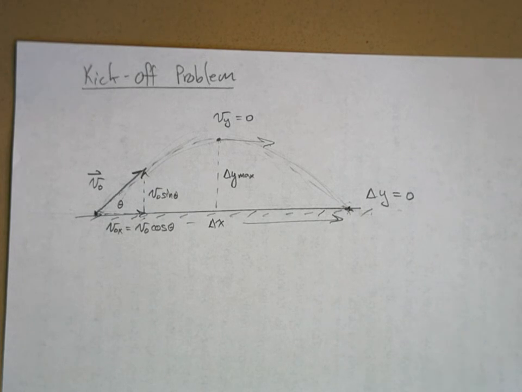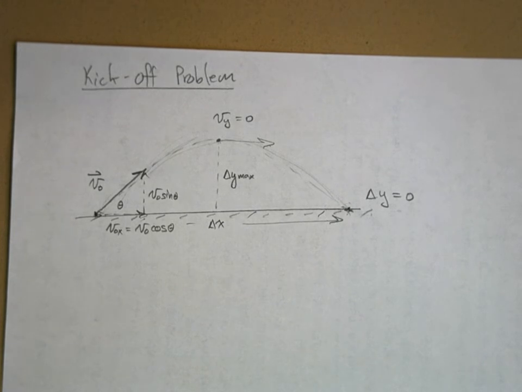Projectile motion problems are very much like the problems that we've solved before in Unit 1, where we dealt with constant velocity motion. Now that's just the horizontal component of the motion, which is constant velocity, and we dealt with constant acceleration motion, which is now the y component of the motion of the projectile.